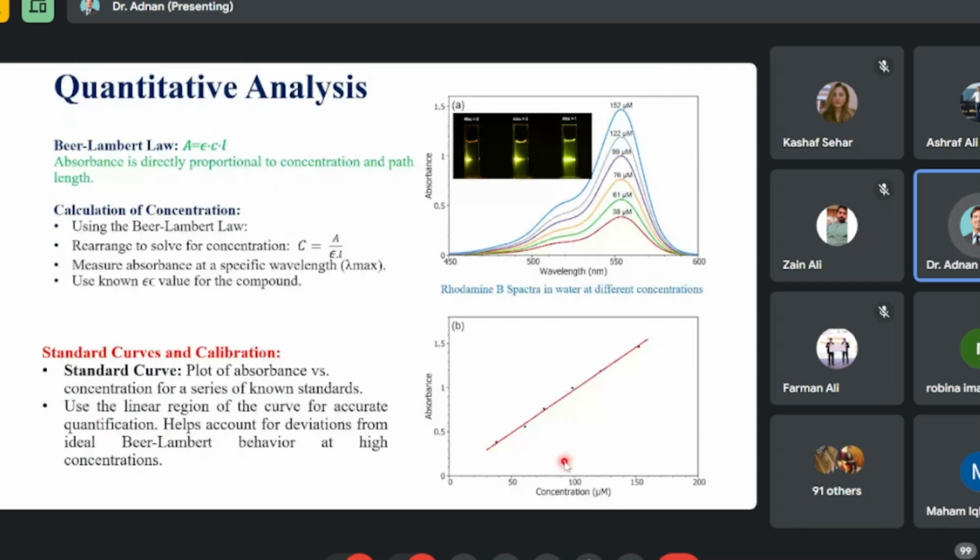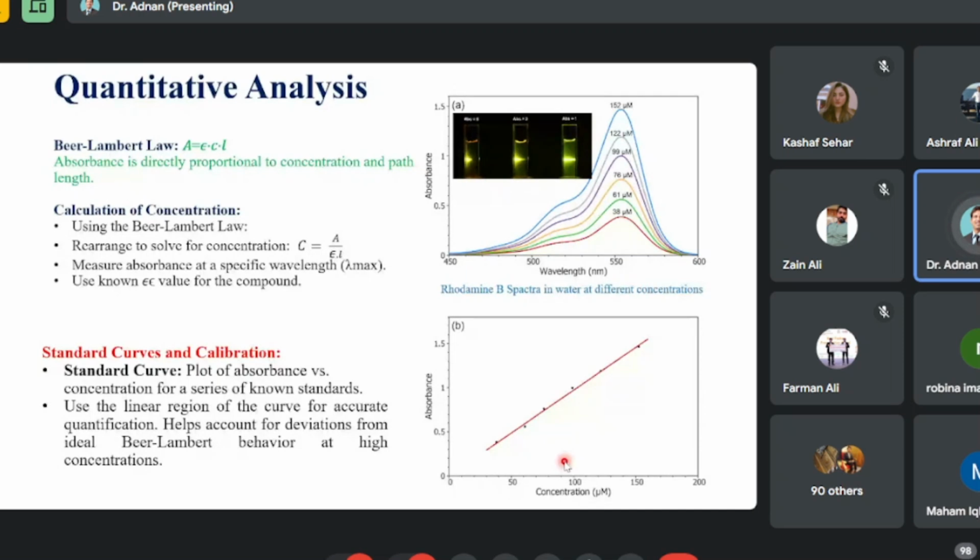Through UV visible spectrophotometry, you can do qualitative and quantitative analysis. That is the most important for researchers, because mostly people are working with nanoparticles or dye solutions in their labs, and they are determining the concentration of substances like dyes, like nanoparticles or whatever.